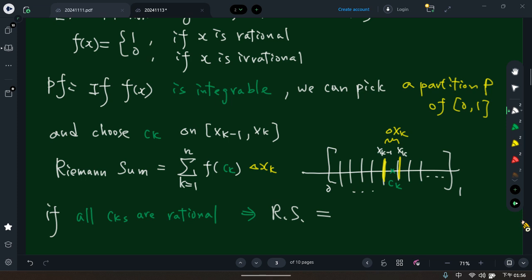So the result will be sigma k from 1 to n, the result will return 1 times delta sk. So what is the result?